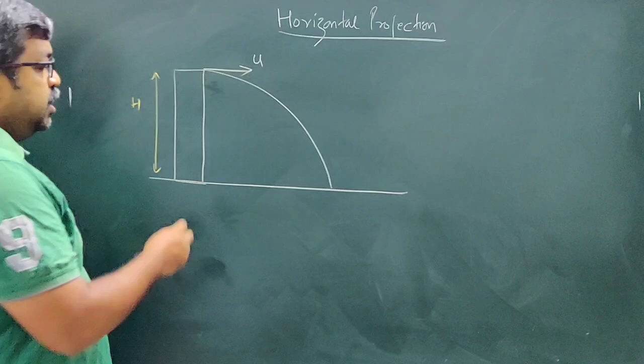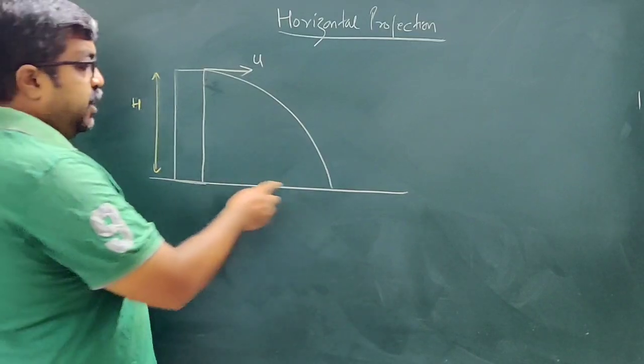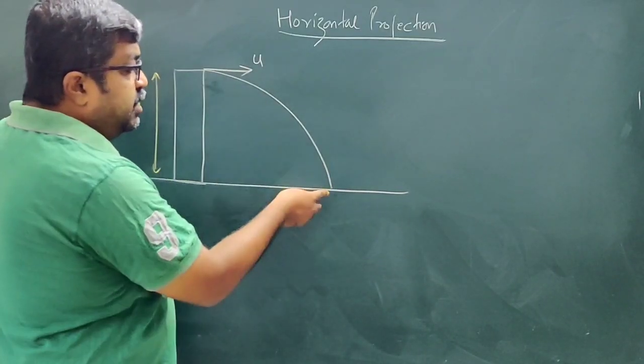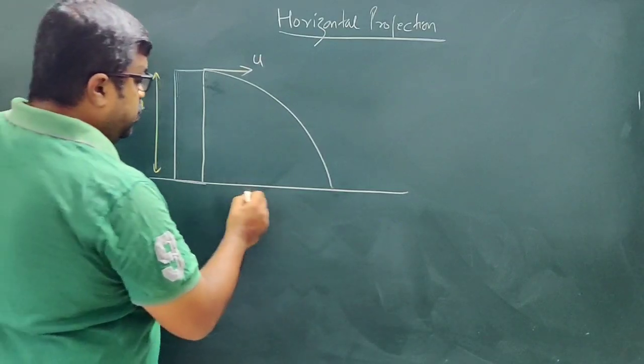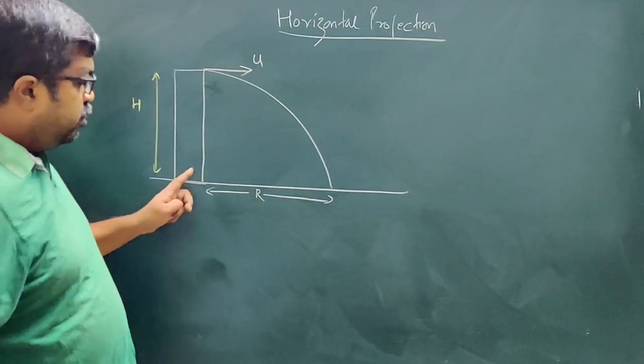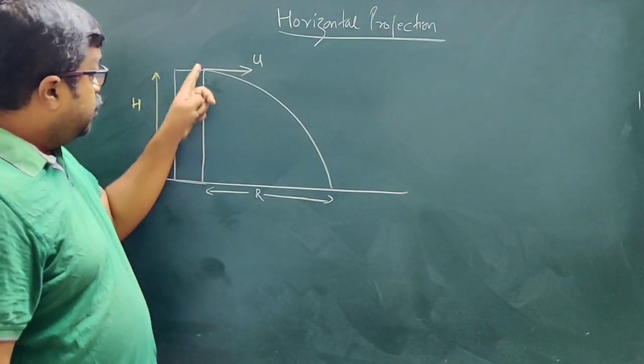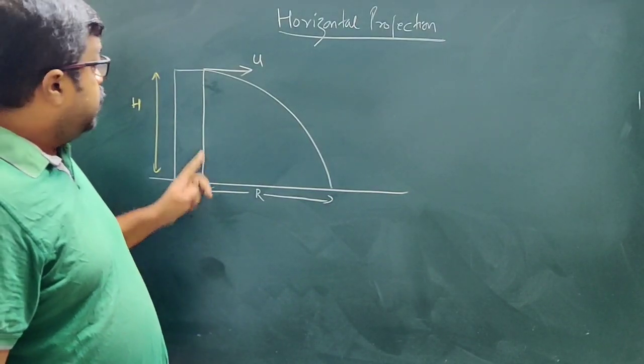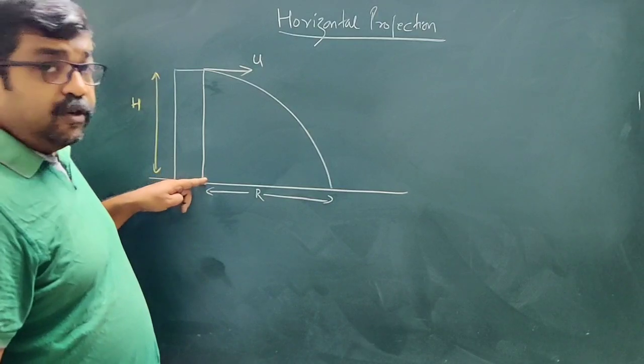Okay, so this is the foot of the tower and this is the point at which the projectile strikes the ground. So this distance is called horizontal range. Horizontal range is the distance from the foot of the tower. Okay, so suppose this is the tower, so this is the foot of the tower.